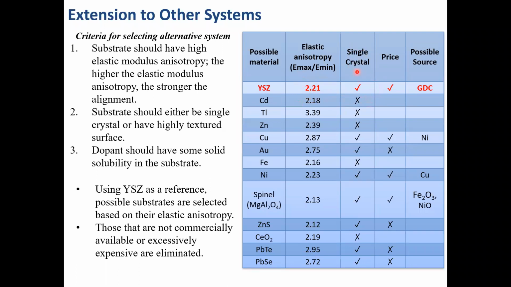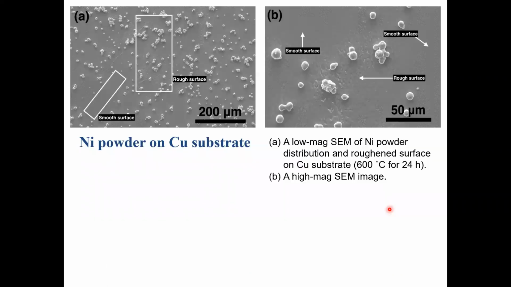And then we looked at the availability of their single crystal, and if they're available, how reasonably priced they are. Based on that, we found that these are viable systems. You can see nickel on copper or copper on nickel should work. And also many of the oxides on a spinel should be a viable route to do this.